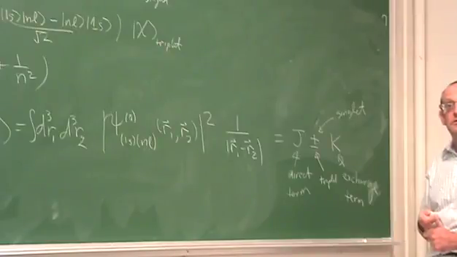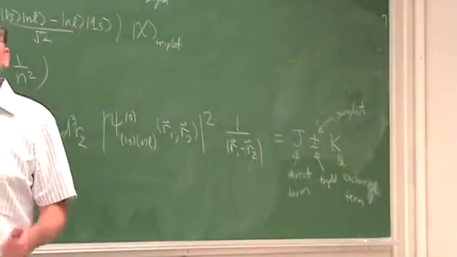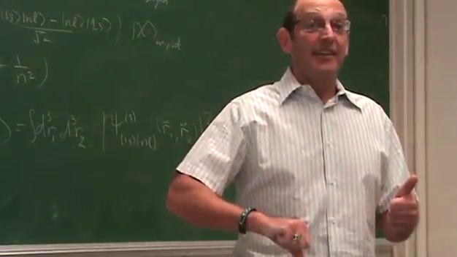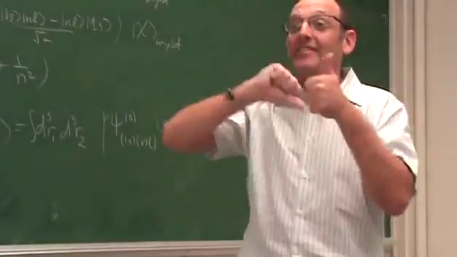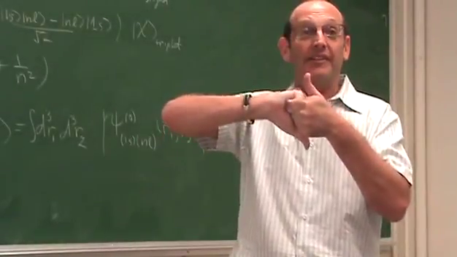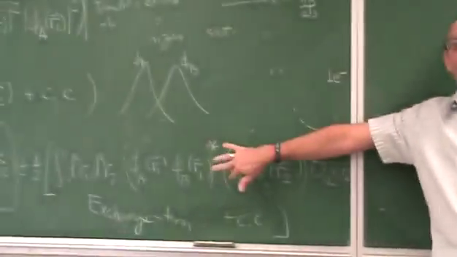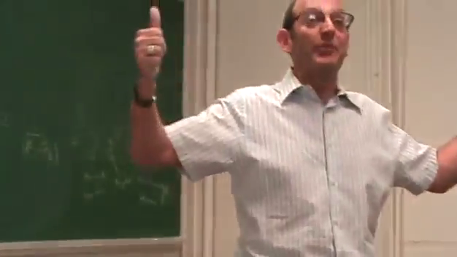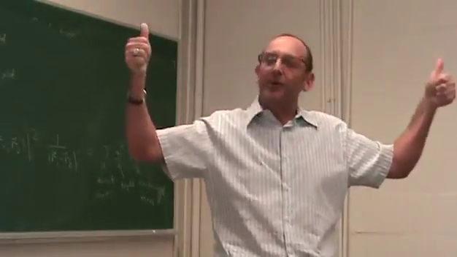Because singlets are close to each other. That's right. The exchange term enhances the probability for two electrons to be in the same place. Singlets have excess probability to be on top of one another, depending on the overlap of these orbitals. Whereas triplets, because of the Pauli exclusion principle, can't be in the same place because they have to be in a symmetric spin state.